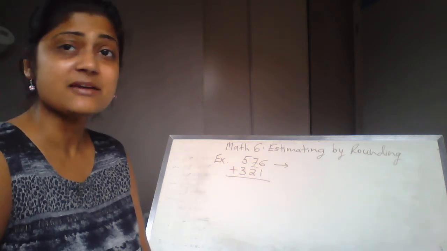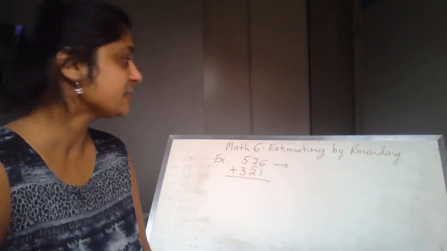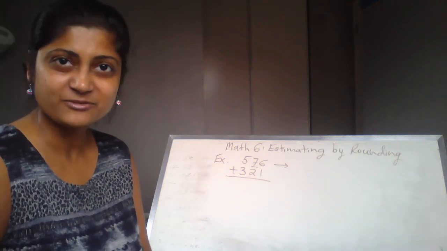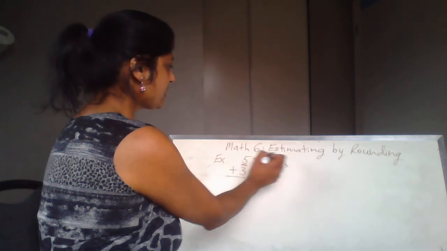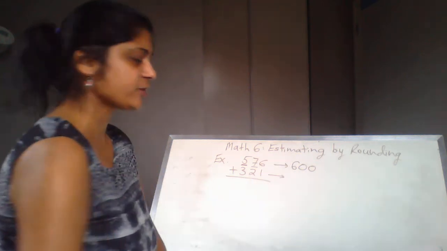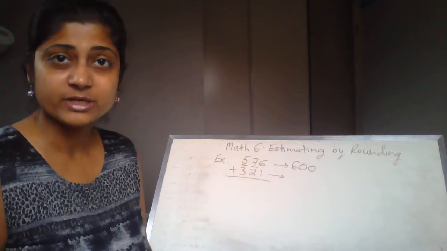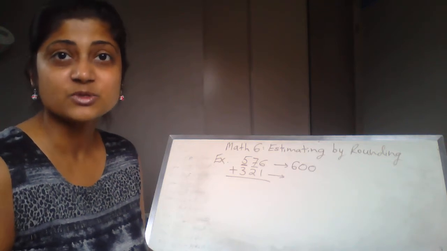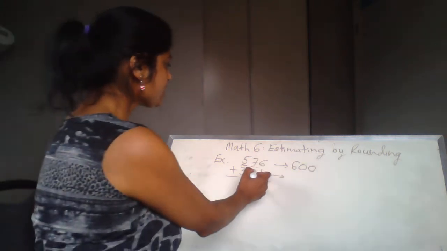I notice that the 7 has to be 5 or greater, which it is. 7 is greater than 5, so I'm going to round this number up to 6, and it becomes 600. Basically, in the tens column, if it's 5 or greater, I add 1 to the hundreds column and round it up.